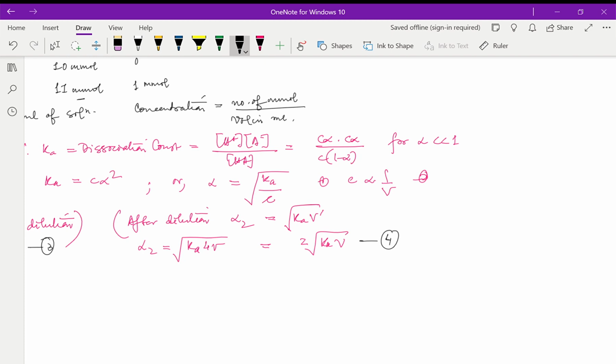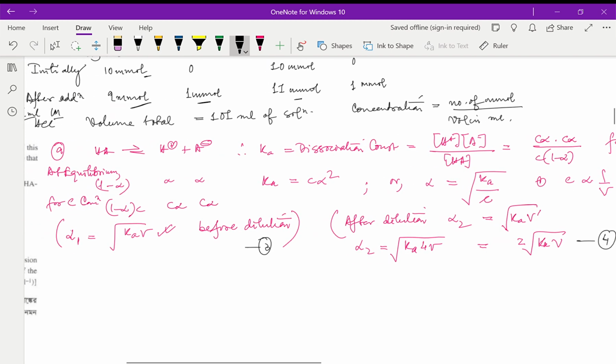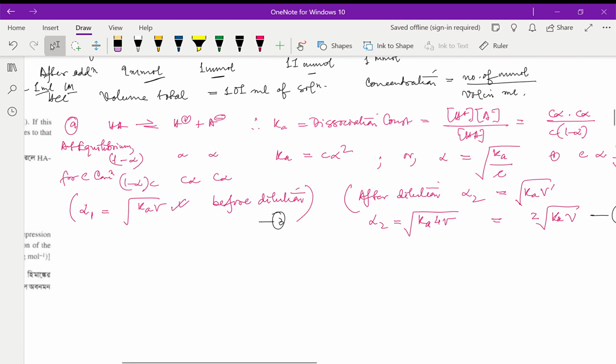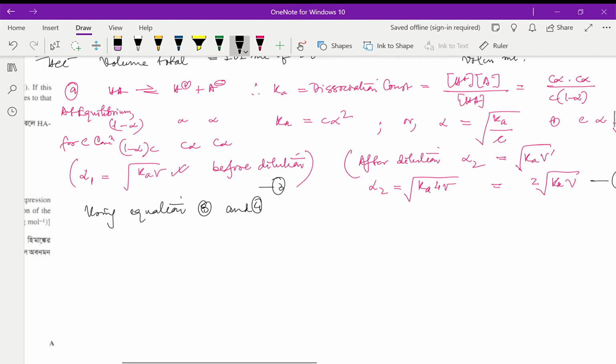Okay. Now if you use these two equations, using equations 3 and 4, what can we say?